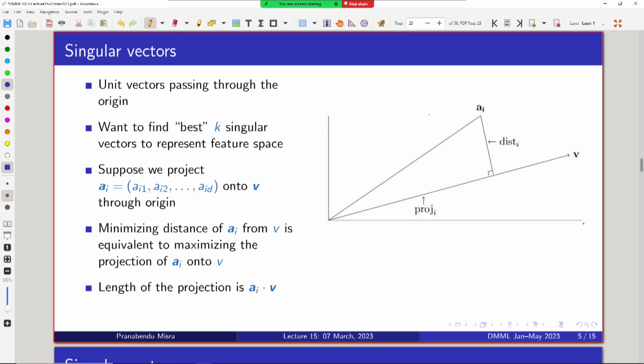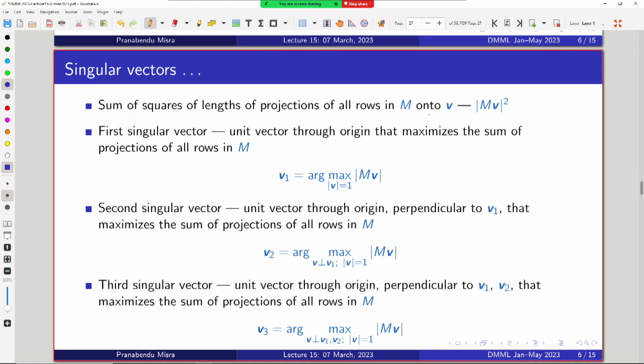If we have this as our data point, this a_i is the ith vector in our data set, then what we are trying to do is find some vector along which we will project this. This is for one vector, but we actually have multiple vectors. These singular vectors that we find in singular value decomposition, the very first singular vector that we find is the vector which maximizes this product.